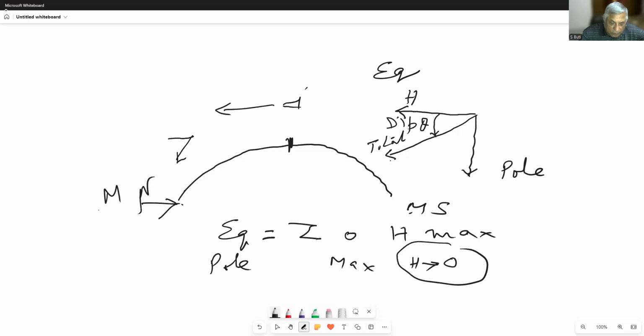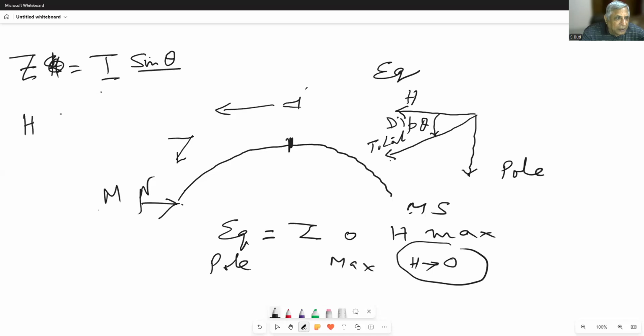Now your value of Z is T sine dip. Sine theta is 90. Your total force, I beg your pardon, vertical force is total force, and at the pole theta becomes 90, so Z becomes equal to T. At any other place, it will be equal to T sine theta.